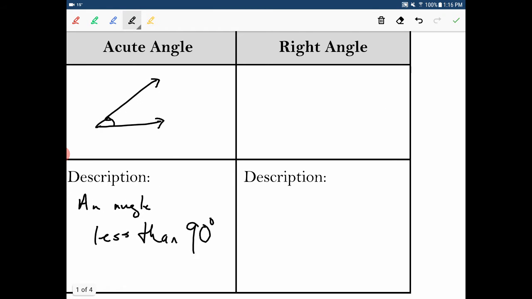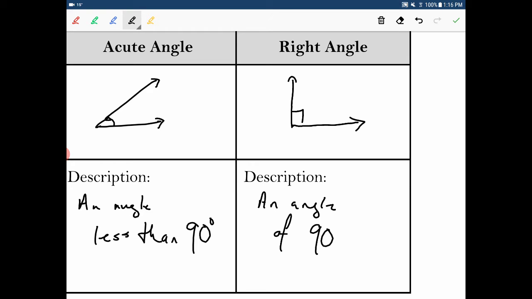And a right angle, which I already said when we talked about perpendicular lines, we denote with a little square there, is an angle of exactly 90 degrees.